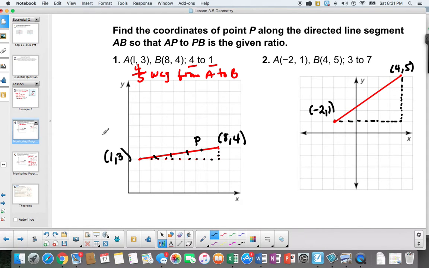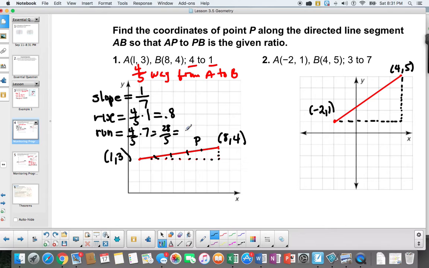We do it using slope. You can see my rise is 1 and my run is 7. First, for the rise, I'm going to go 4/5 times 1, which is 0.8. For my run, it's 4/5 times 7, which is 28/5, and 28/5 is 5.6.